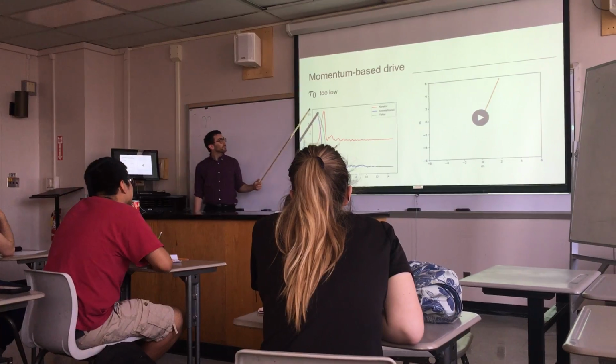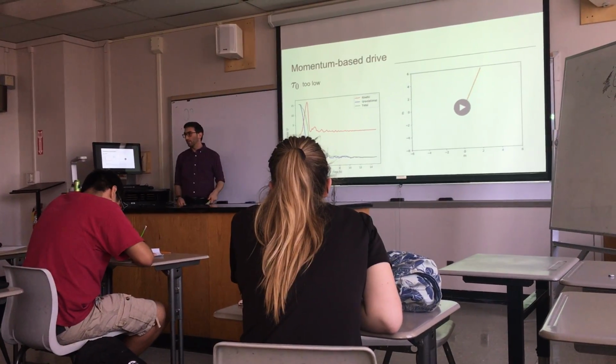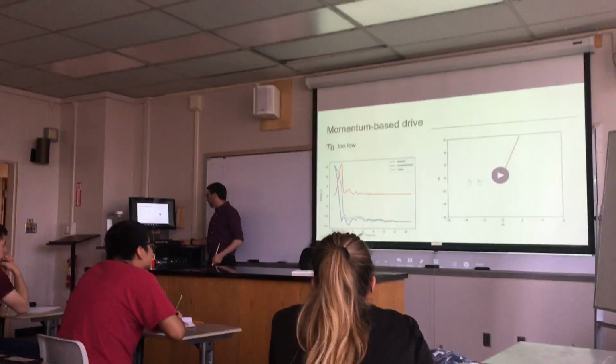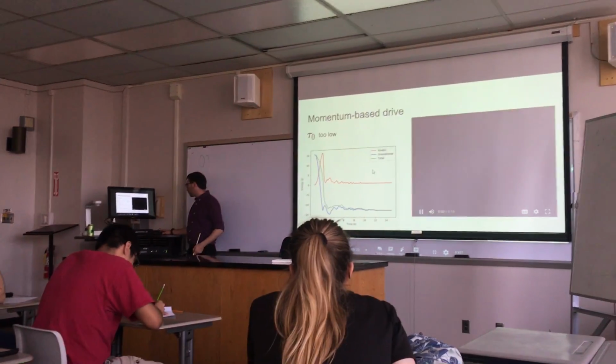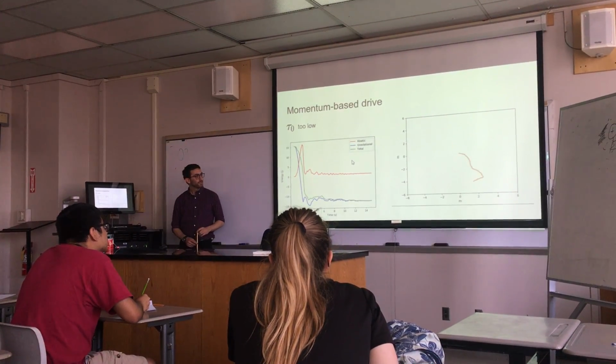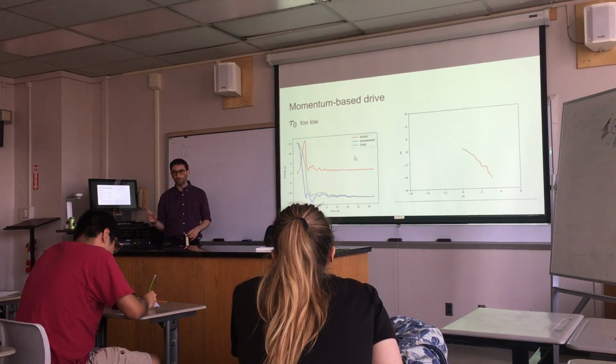So now you have a parameter you have to play with, and we don't have a measurement for it, so you kind of just have to guess. So this is too low, and you can see the tube just falls over. But it's trying.